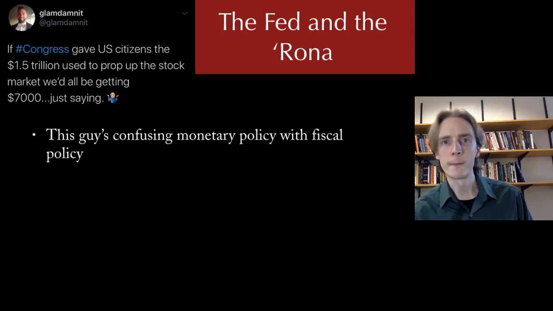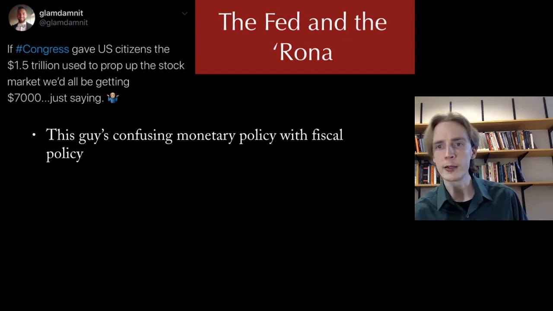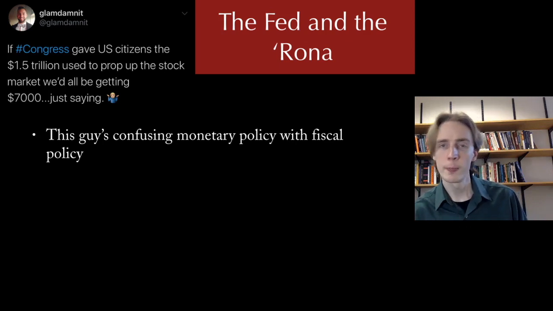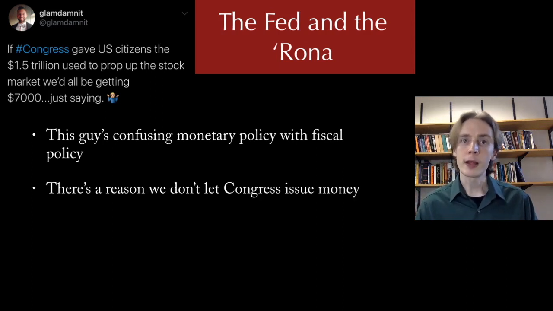Right? In particular, this guy is confusing monetary and fiscal policy. The Fed's extension of that $1.5 trillion was not a fiscal policy operation, and it wasn't a bailout. Bailouts would be something that Congress does. Congress would appropriate money and bail out somebody like GM, or maybe even a bank, or something like that.